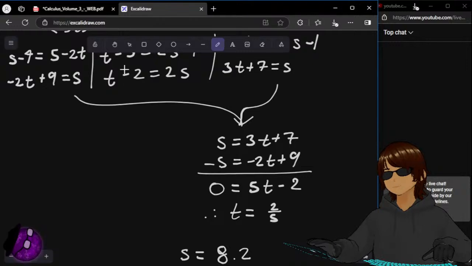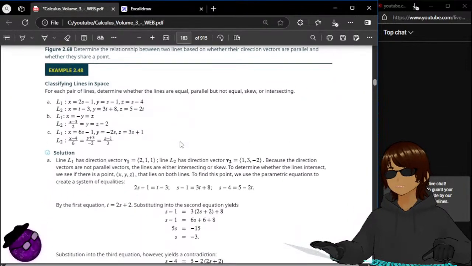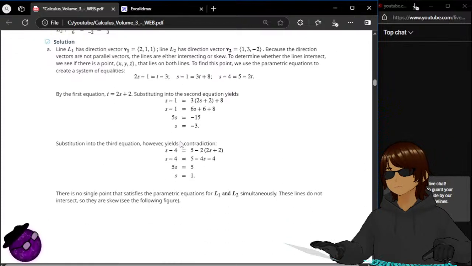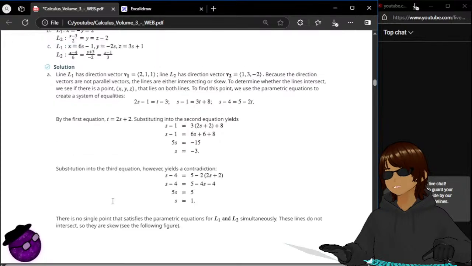It doesn't give the same value of t. So I'm guessing they're not equal. There is no single point that satisfies the parametric equations for L1 and L2 simultaneously. These lines do not intersect, so they are skew.